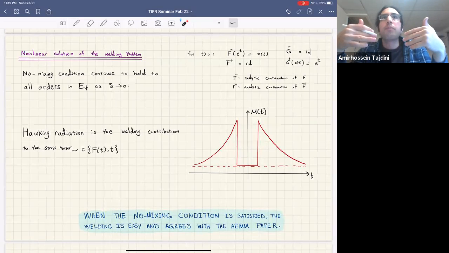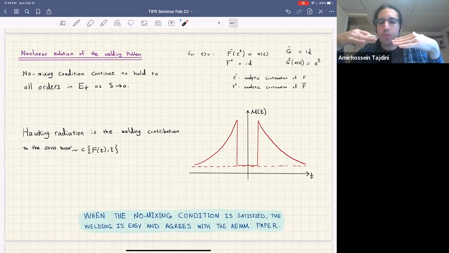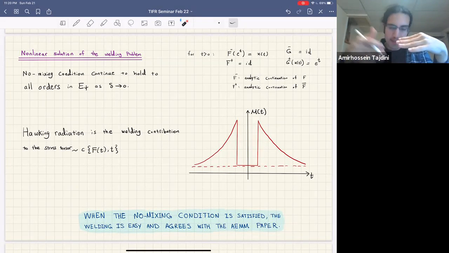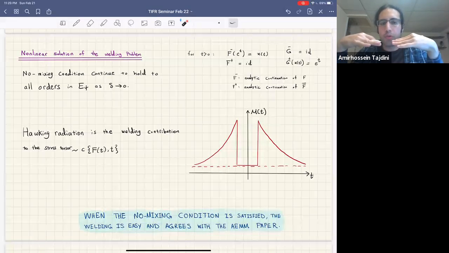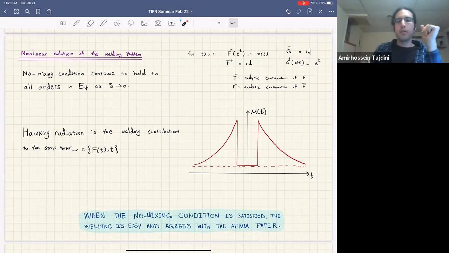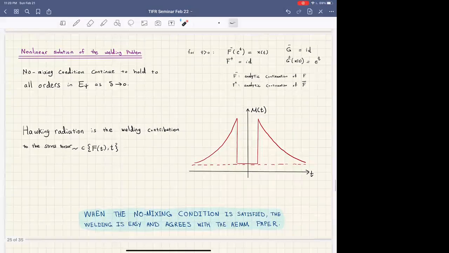But the problem is when we want to define the replica wormhole, we need to start from the Euclidean path integral. So we need to also understand the background from the Euclidean point of view. So that's the difference. Because we want to go finally, like in the next slides, to the replica wormhole, we need to start with the construction in Euclidean time.